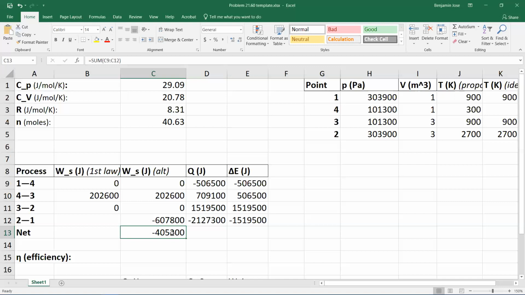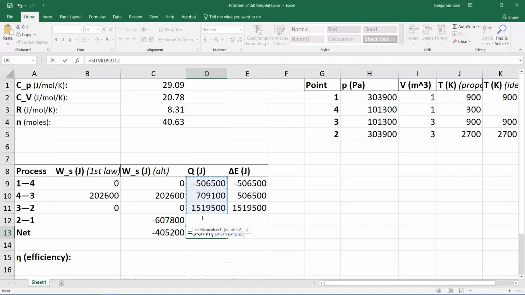Just think back to the problem where we raised the box of rocks with every cycle. The net heat, okay, that would be the sum of all the Qs. Remember, this is not QH. What I'm doing right now, Qnet, is not the same as QH or QC. It's just the sum of all the Qs, each of which has a sign.